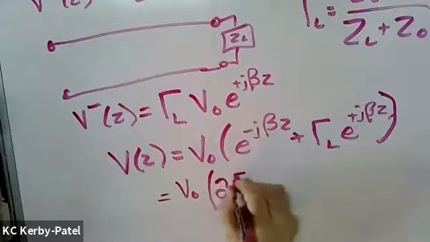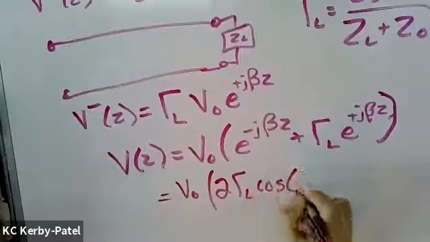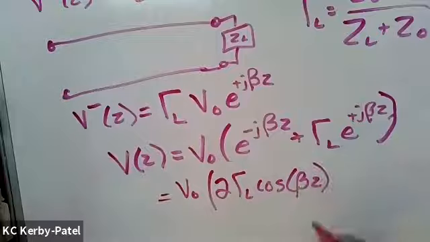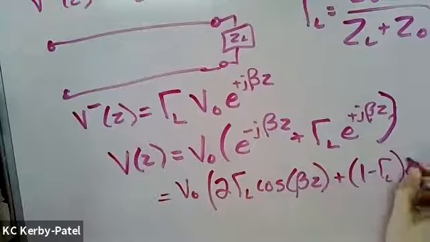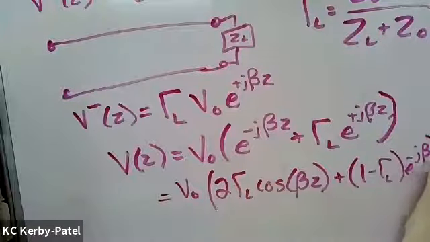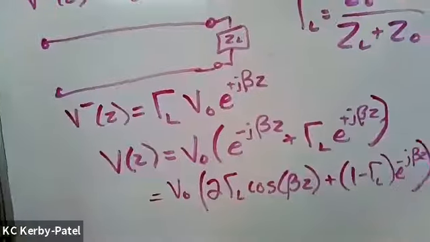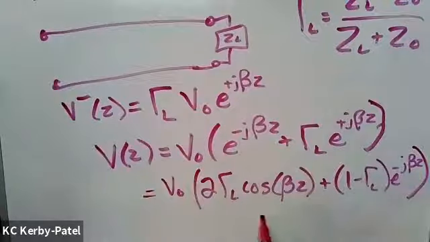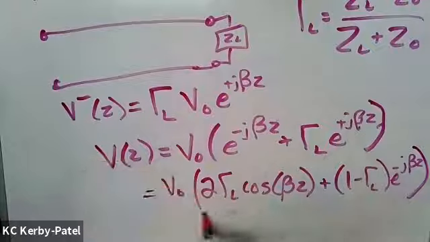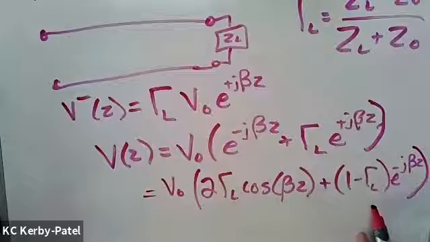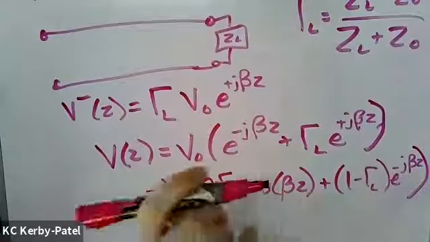So then I can have 2 gamma L cosine of beta z plus 1 minus gamma L e to the minus j beta z. Now it's really explicit. This one is made up of equal parts of waves that are propagating to the right and to the left. No net power is carried by this thing. This is the standing wave. And then there's this bit that actually is still carrying power that way.